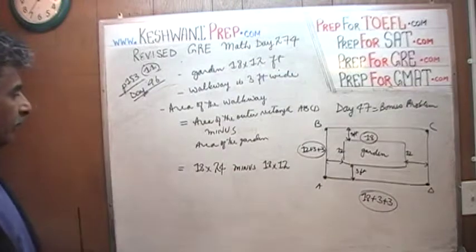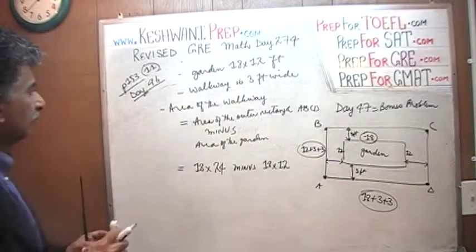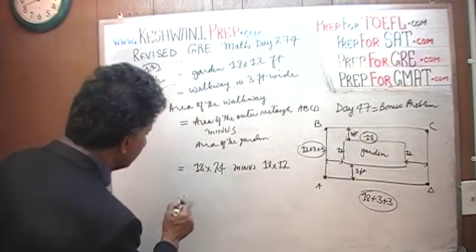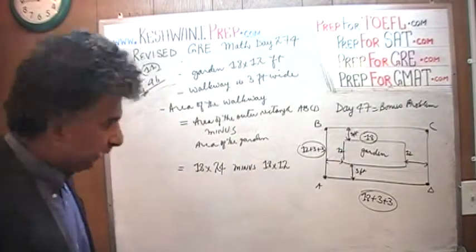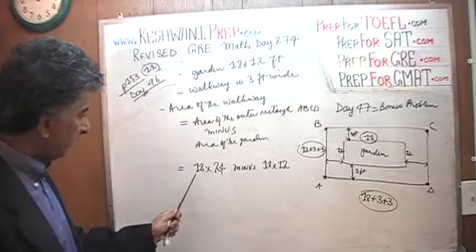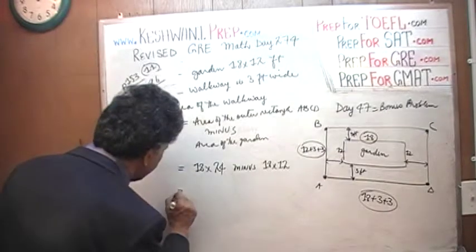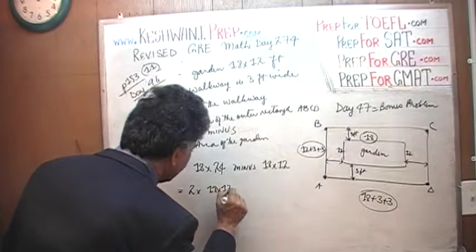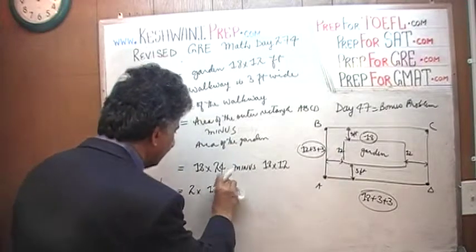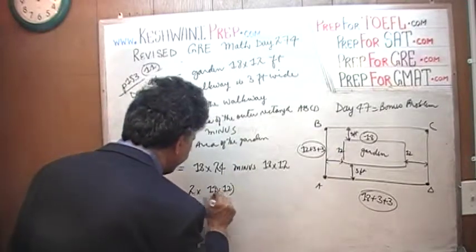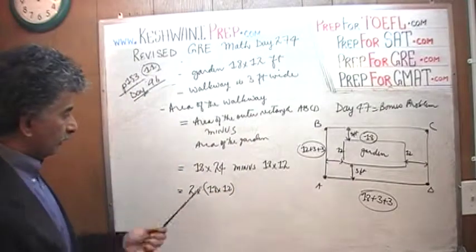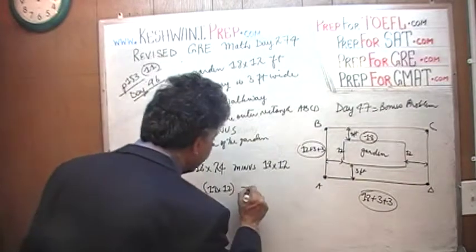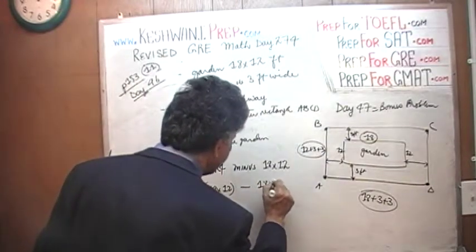Okay, watch what happens. I'm going to continue this here so that we can see it easily. Now 18 times 24. Listen carefully. 18 times 24 can be written as 2 times 18 times 12, because we are writing 24 as 2 times 12, minus 18 times 12.